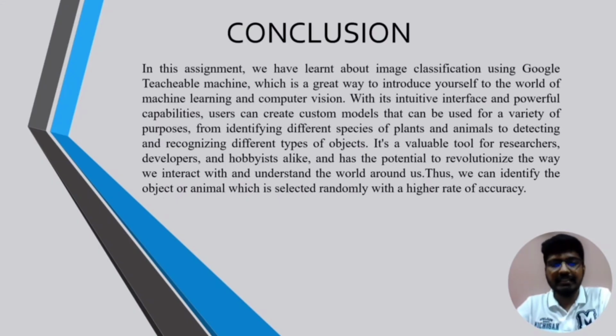Conclusion. In this assignment, we have learned about image classification using Google Teachable Machine, which is a great way to introduce yourself to the world of machine learning and computer vision.